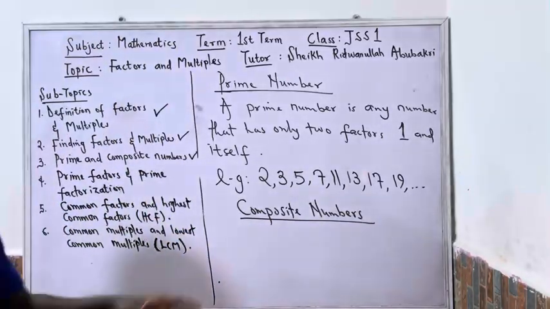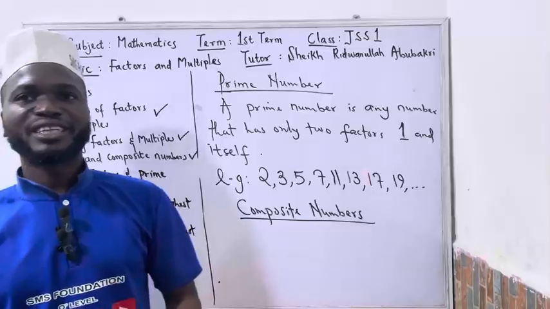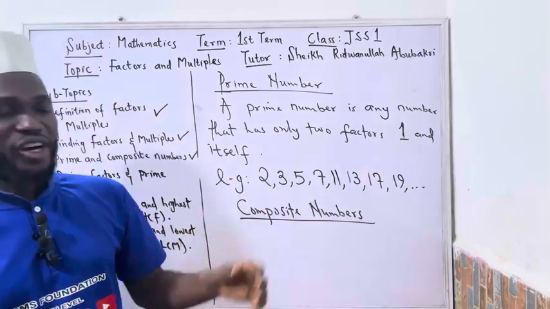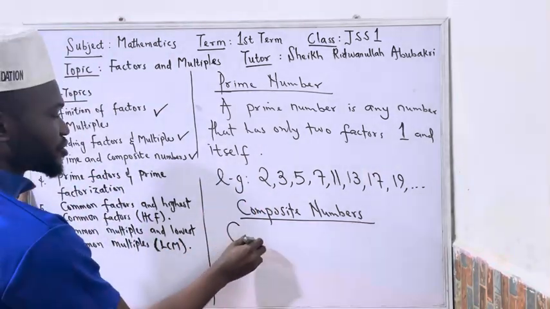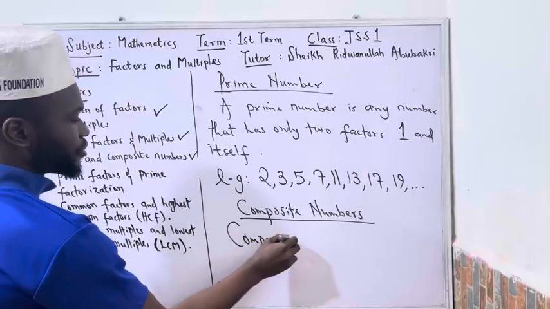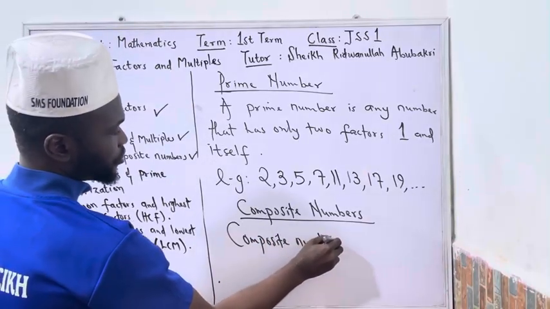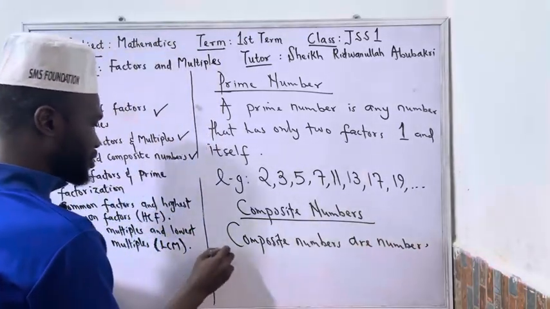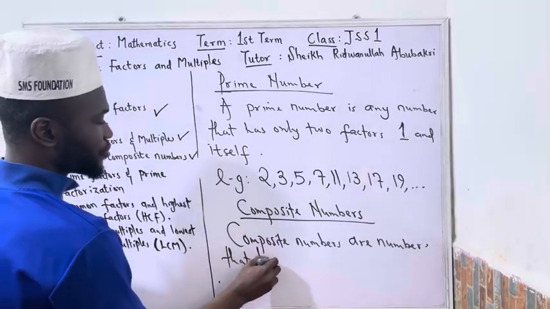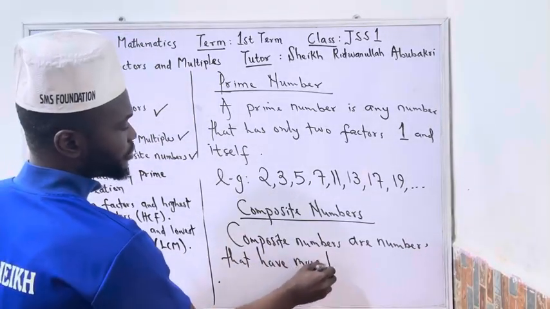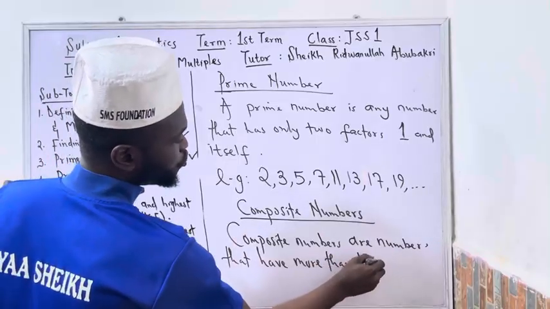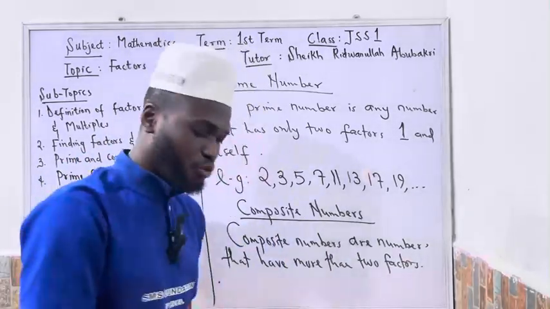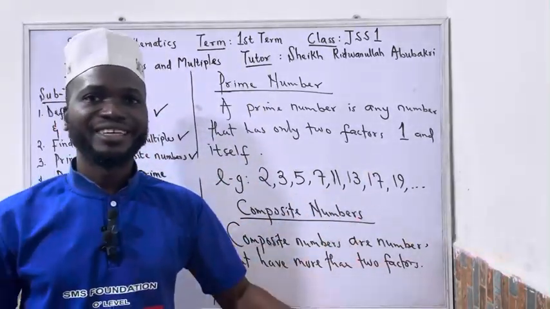So, composite numbers are numbers that have more than 2 factors. So numbers that have more than 2 factors are called composite numbers.